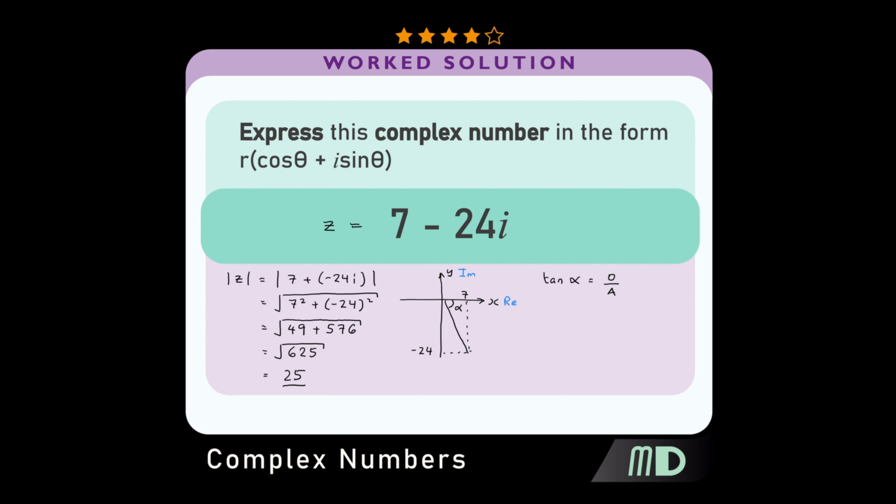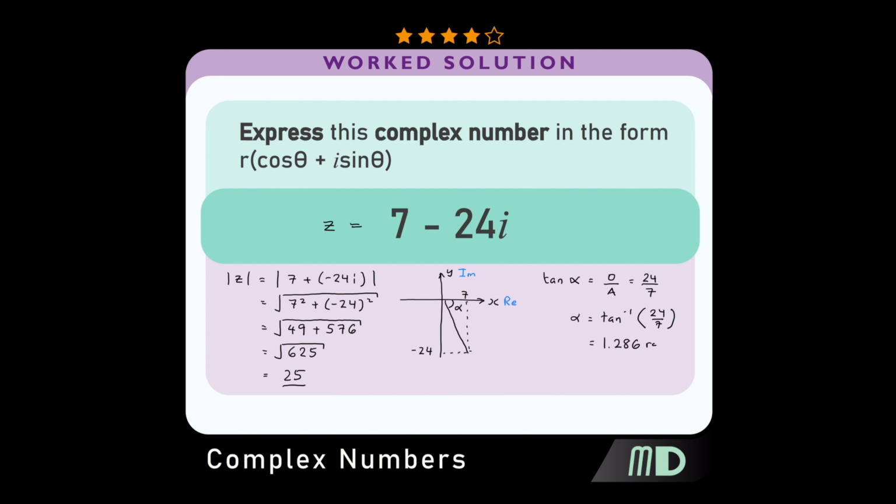In this case, 24 divided by 7. By applying the inverse tangent function to 24 divided by 7, we get a value of alpha equal to 1.286 radians.